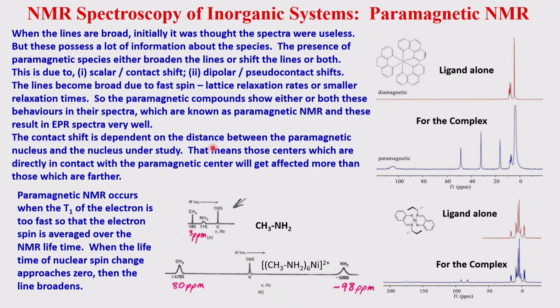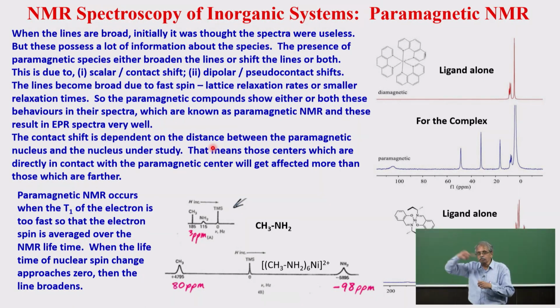So huge paramagnetism, and that magnetic vector or chi can interact with the chi of the nucleus too. Of course, besides that, the nuclear interactions are there. Therefore, this odd electron can transfer its magnetic information either through bond or through space. That can lead to shifting the signal or broadening the signal.